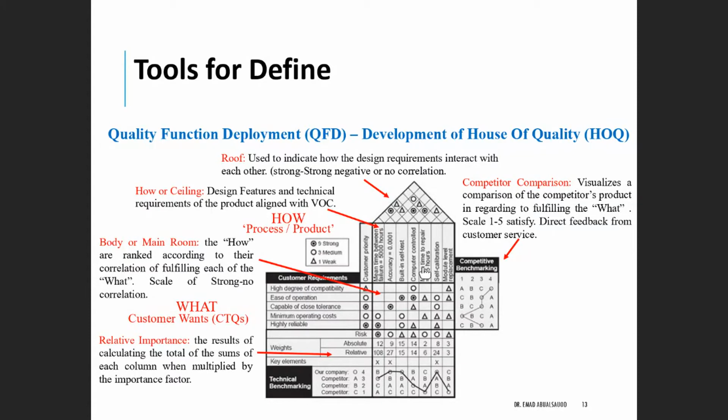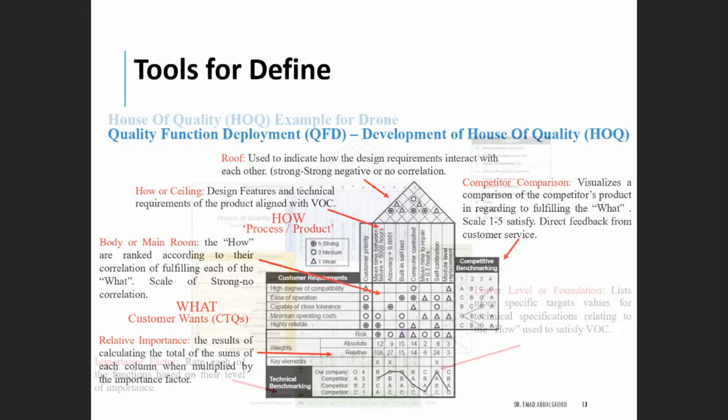The main body shows the relation between the technical or design requirements and the customer requirements. The what shows the customer requirements and prioritizes them. And the relative importance at the bottom is the result of calculating the total of the sums of each column, multiplied by the importance factor.